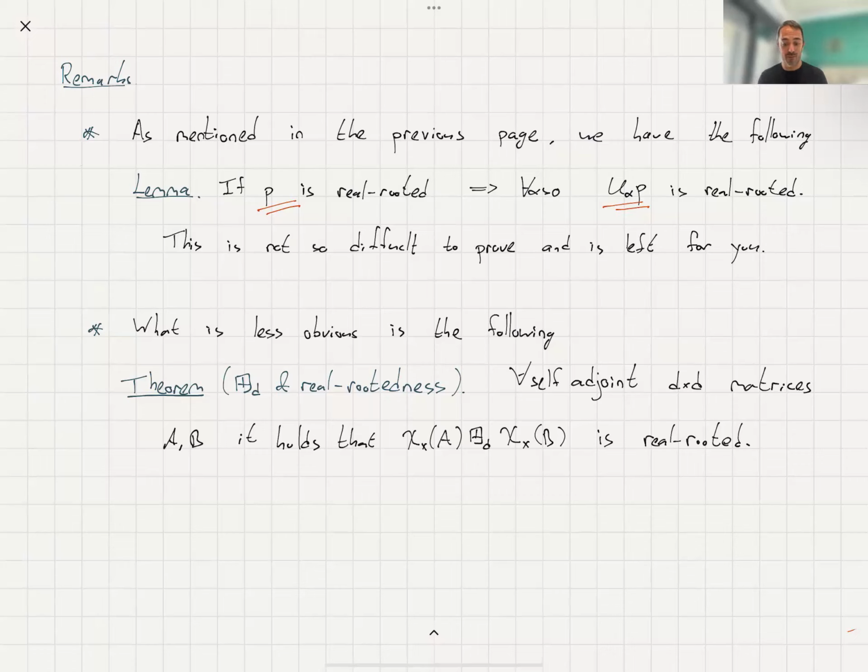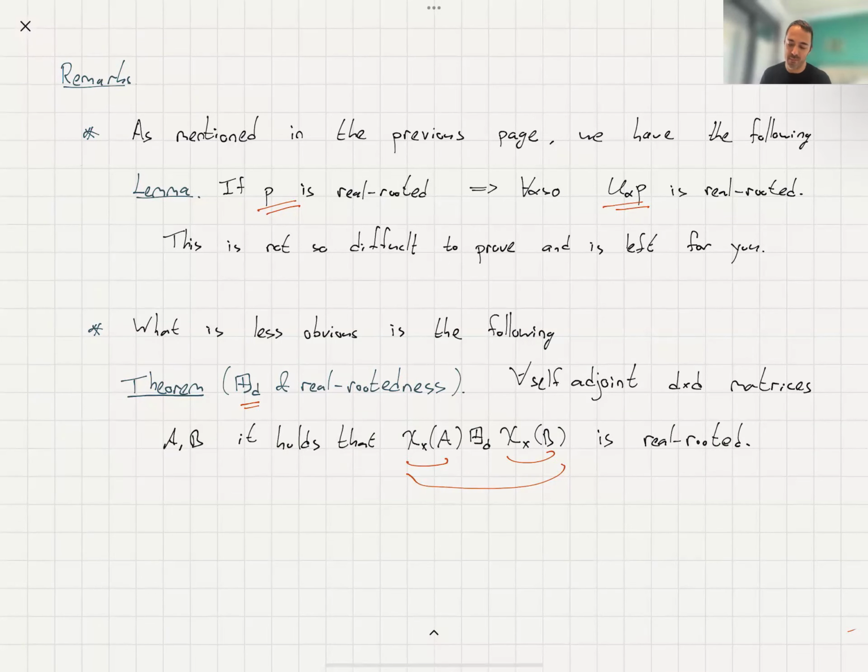Now, what's less obvious, and that's a theorem, not just a lemma, is that also, and we didn't talk about it, but we should have already in the definition, when we define the additive convolution of two characteristic polynomials as the expected characteristic polynomial with respect to some orthogonal matrices. Not that I really care about orthogonal matrices now, because we knew that this is real-rooted and this is real-rooted, but who told you that this is real-rooted?